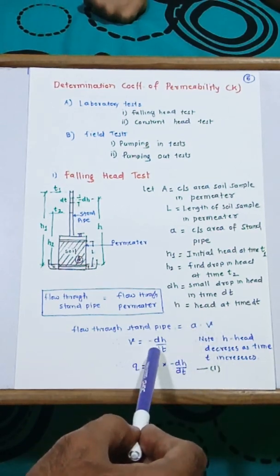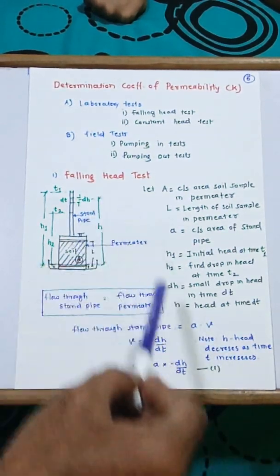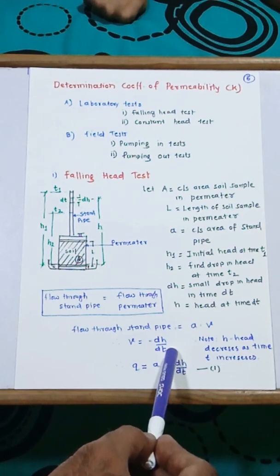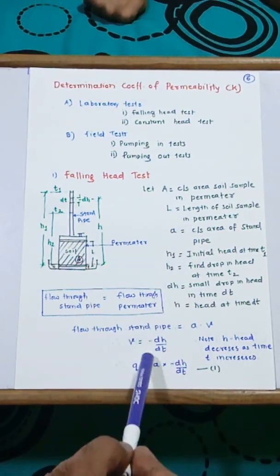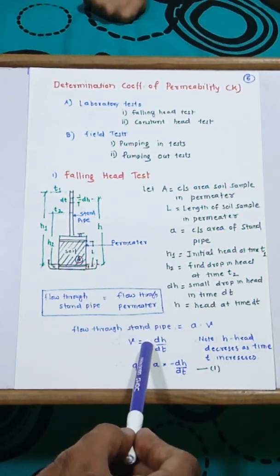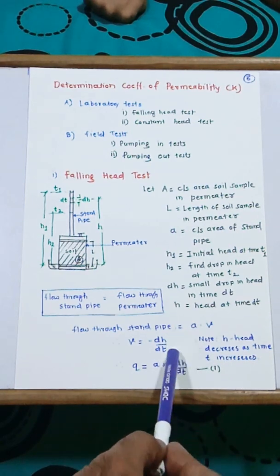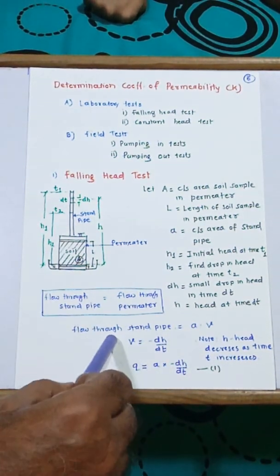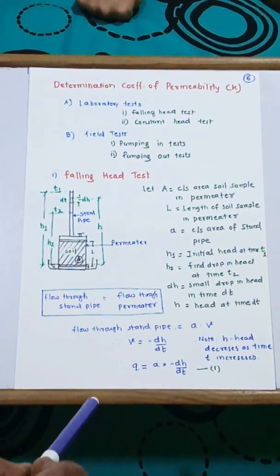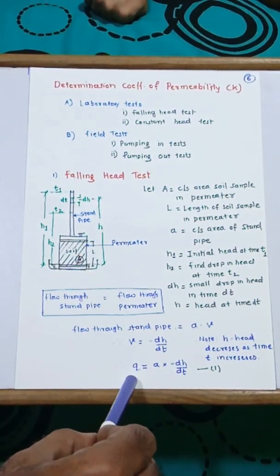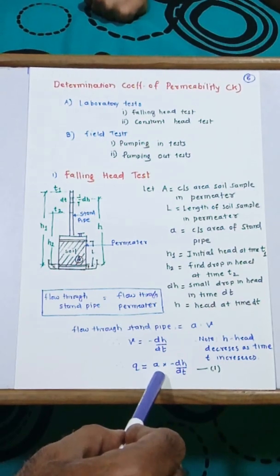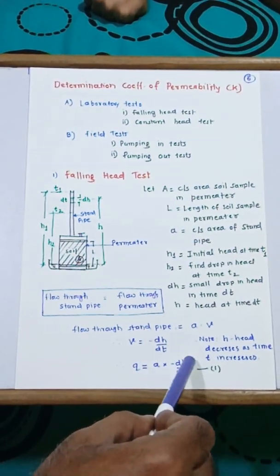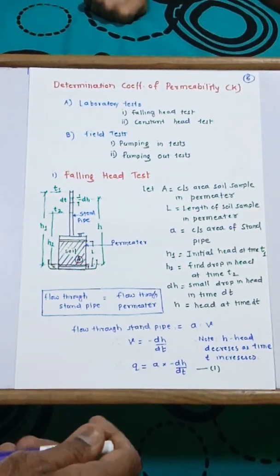This v we can write as a small drop in head in that small drop in time. The minus sign is only because the head decreases while time increases. That's why it is a minus. So if I multiply by the area, I get the discharge. Q is equal to a, the area of the standpipe, times dh upon dt.